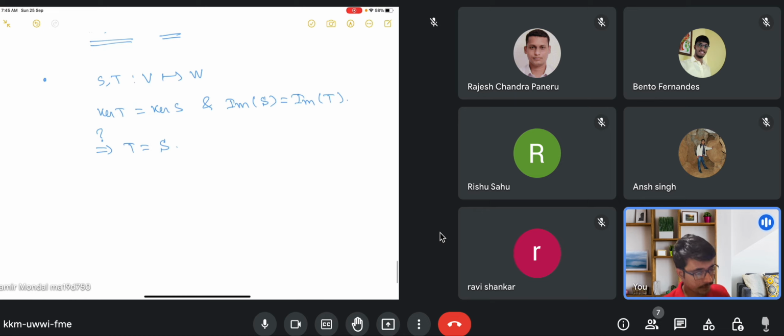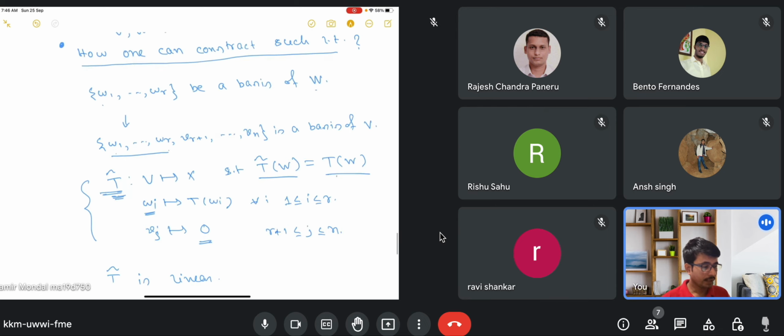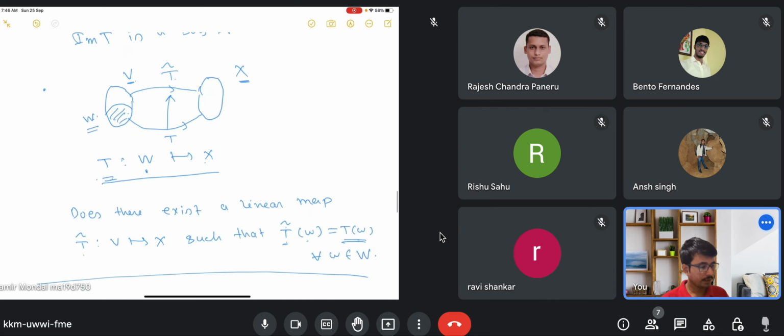Please try to observe it. This is your V, this is your W, the kernel of T equals the kernel of S. Try to compare with your previous problem.